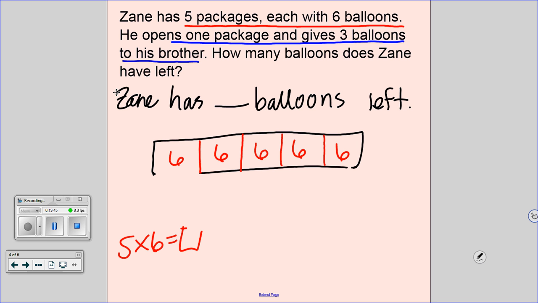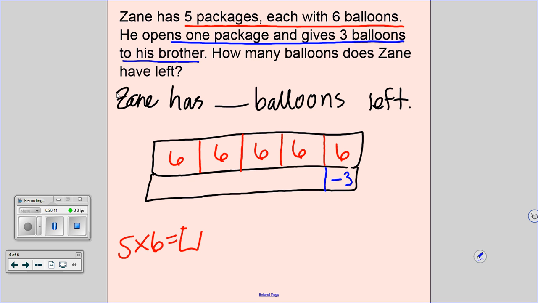I'm going to draw my double bar again. I'm going to draw a little box and I'm going to put minus 3.